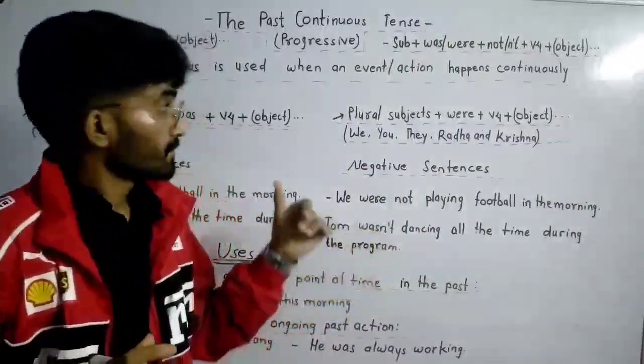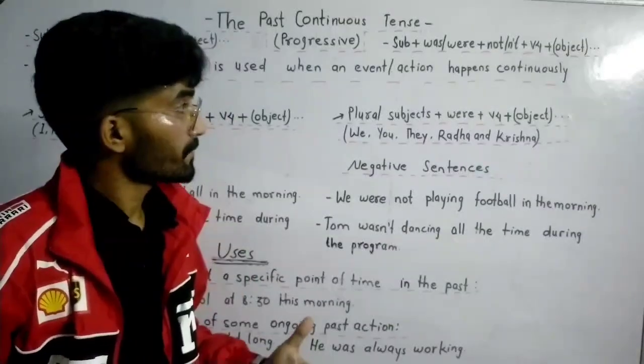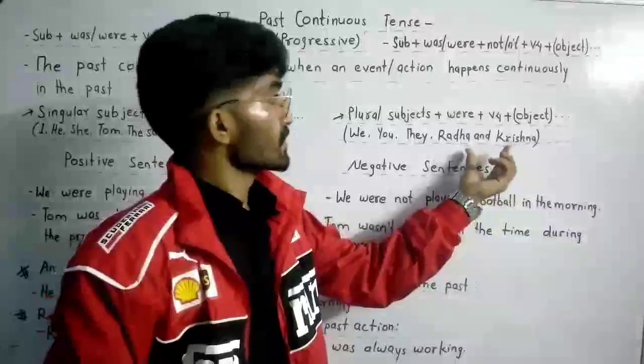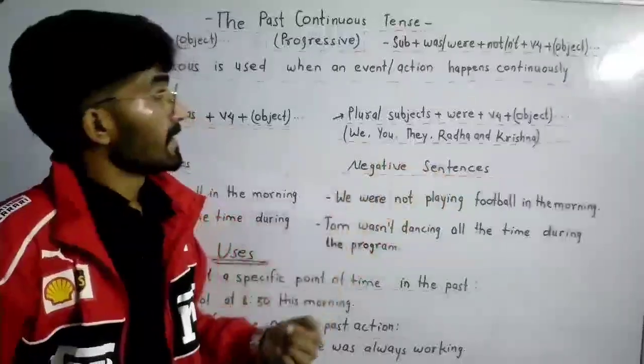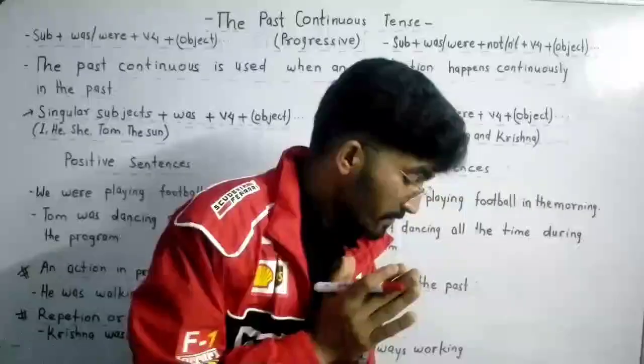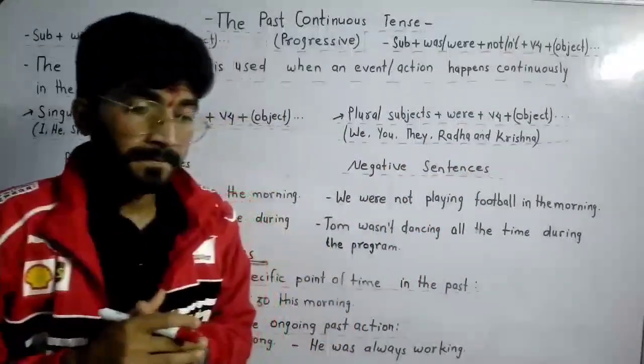That's the thing. And they means more than one, obviously 2, 3, 5 people. Radha and Krishna. See, Radha and Krishna, 2 people are here. And in such a situation we use were.